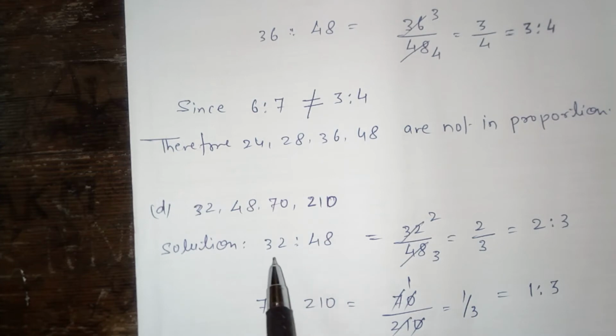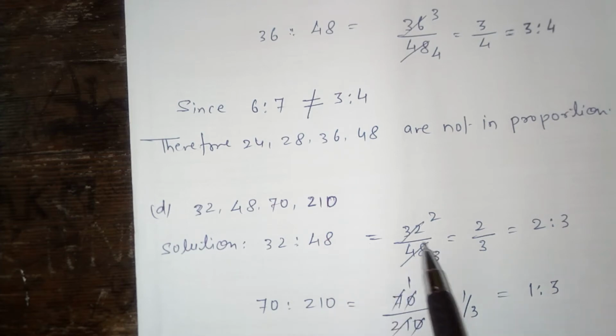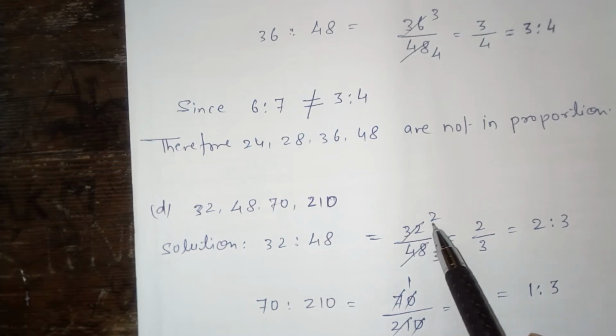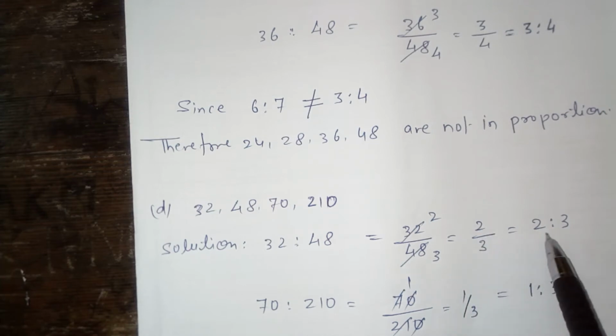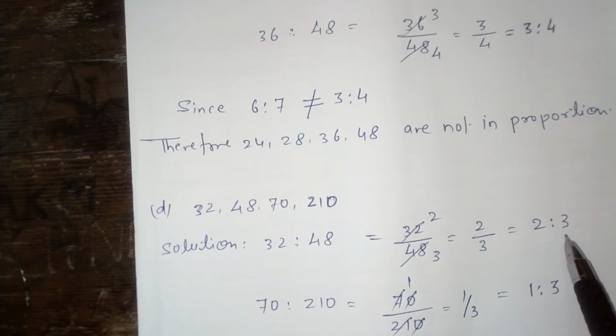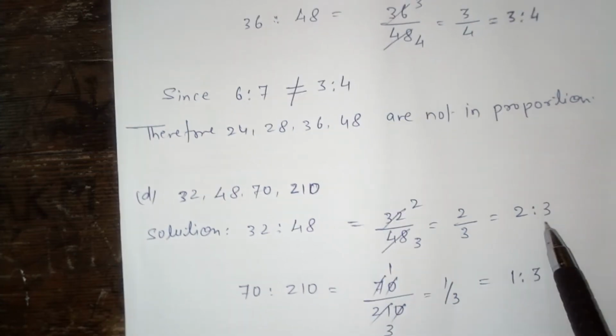The ratio of 32 and 48 will be 32:48 is equal to 32 upon 48. 32 upon 48, it will be cancelled by 16. 16 2 is 32, 16 3 is 48. It will give to you 2 upon 3 is equal to 2:3.